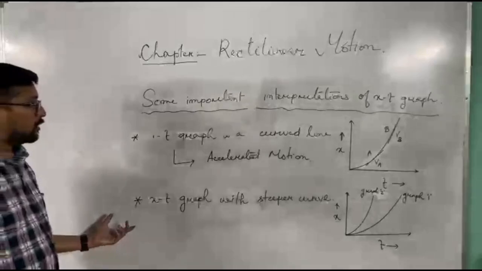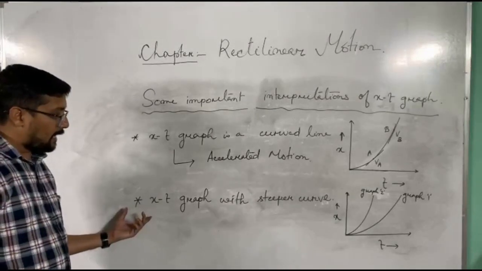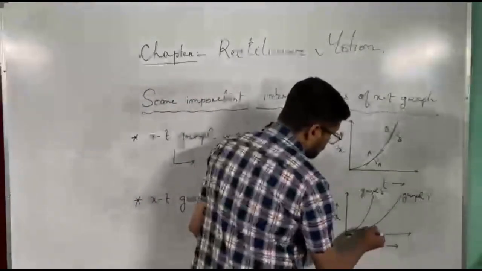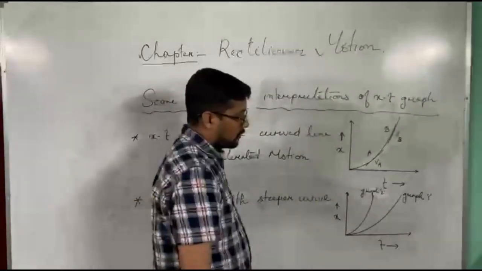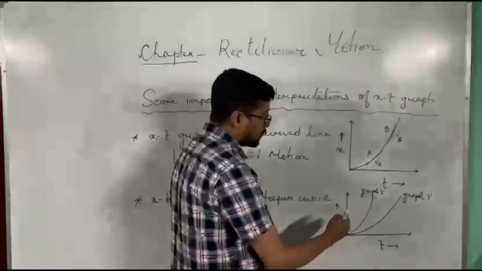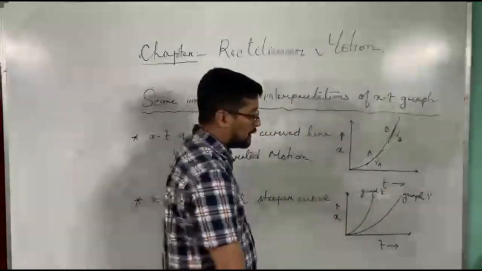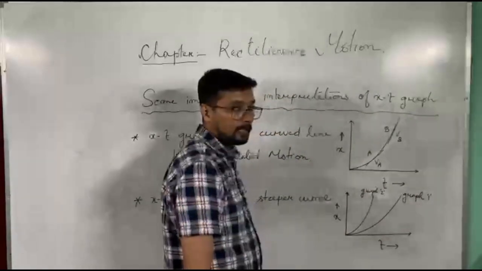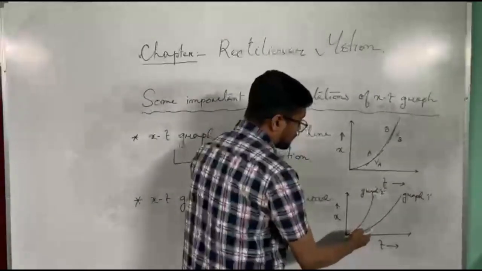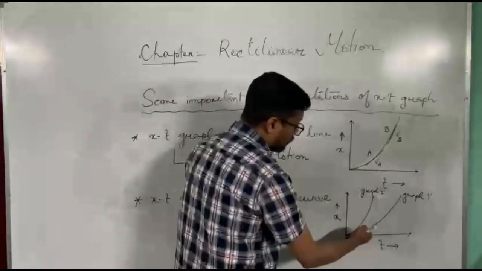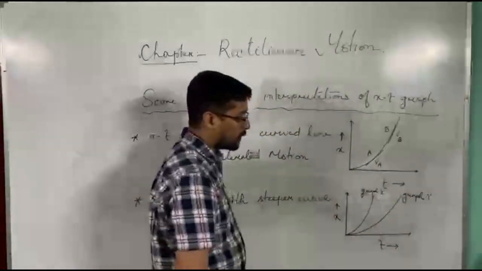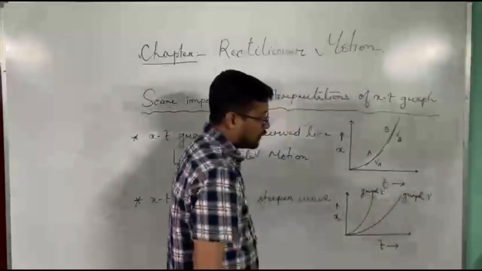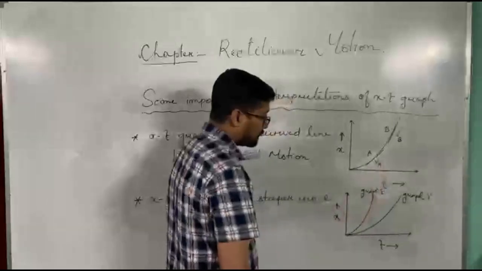The next interpretation of the xt graph is the xt graph with a steeper curve. Now you see these two curves are representing two different motions. Say this graph is representing the motion of one object and this graph is representing the motion of another object. Now, just like this, if you draw tangents at different positions, the tangent at every instant for this object will have different velocities.